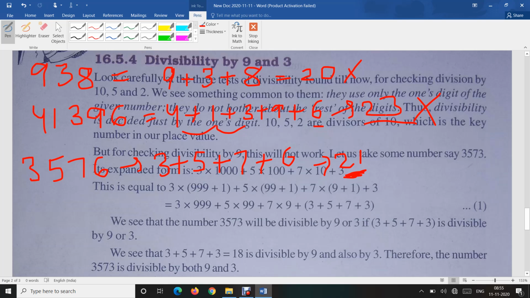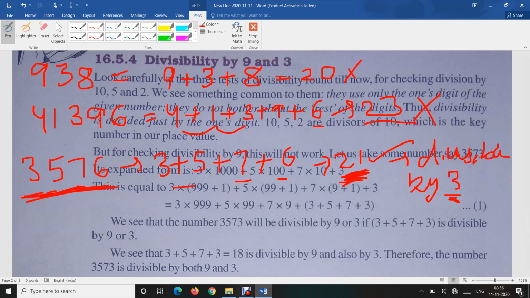Yes, because we know that 3 sevens are 21 and the remainder will be 0. That means this 21 is divisible by 3. The sum of the digits is 21 and this 21 is divisible by 3, so you can say that this complete number is also divisible by 3. So that was the divisibility by 3.